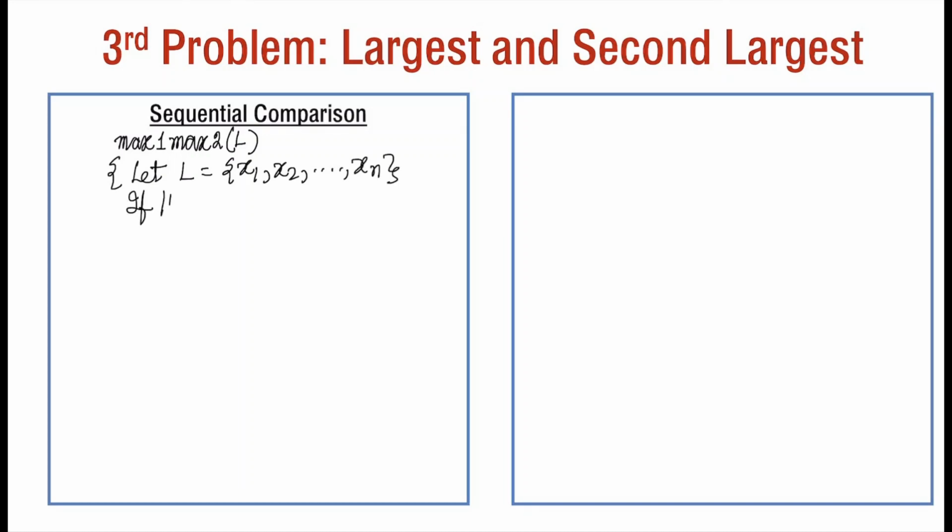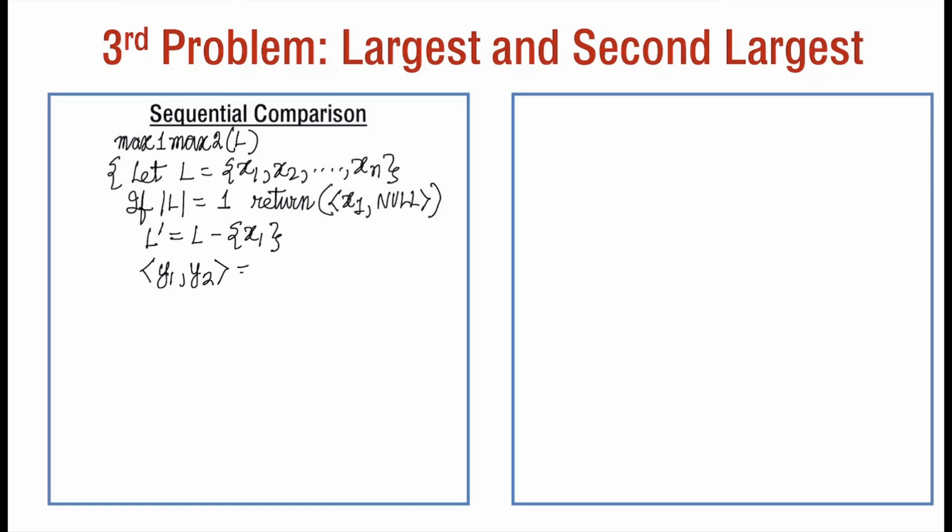If size of L is equal to 1, then we return x1 and null, and we assume null is smaller than the smallest of all the numbers, so that when we have a second number it gets updated. Then we create L dashed as before, equal to L minus x1, and we recursively call max1 max2 on L dashed to get y1 and y2.